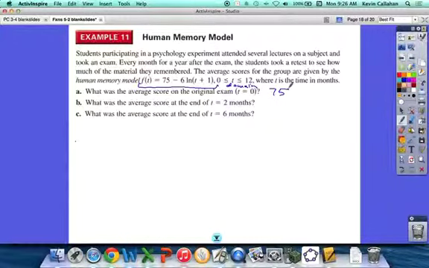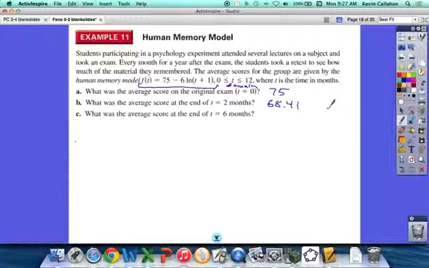Okay, now that won't be true again. If I plug in 2 for t, now it'll be 75 minus 6 times ln of (2 plus 1). And that becomes 68.41. So the scores go down after 2 months, from 75 to 68.